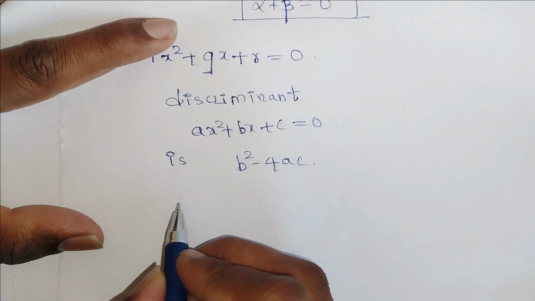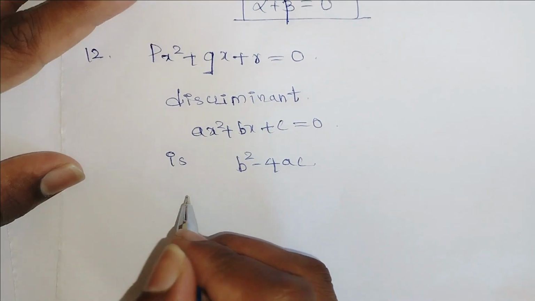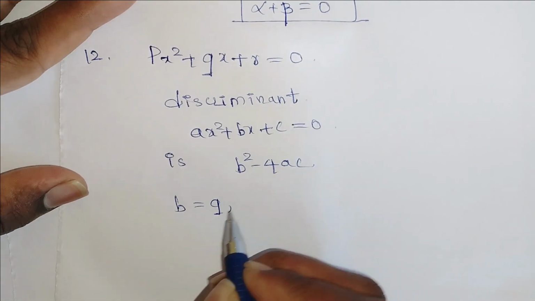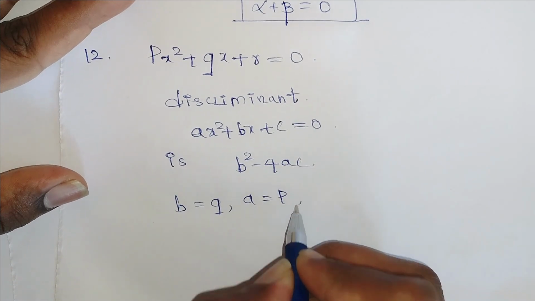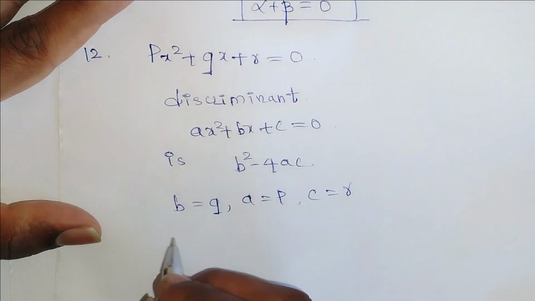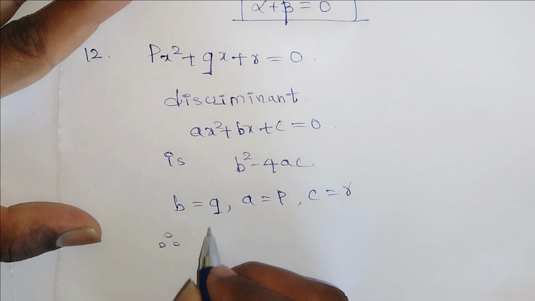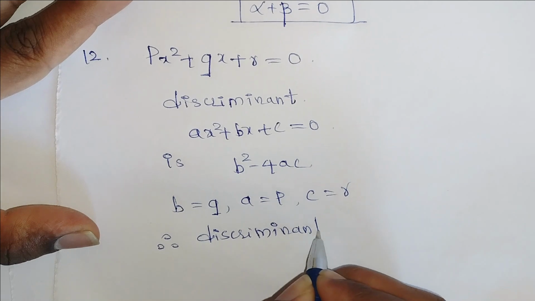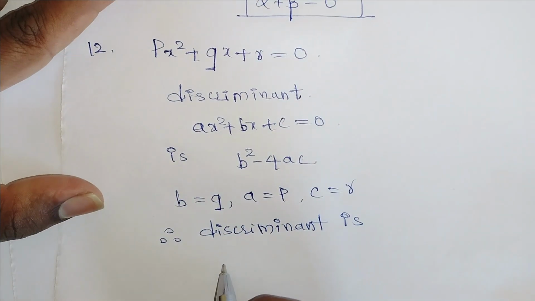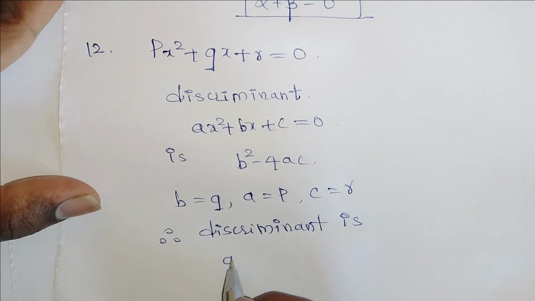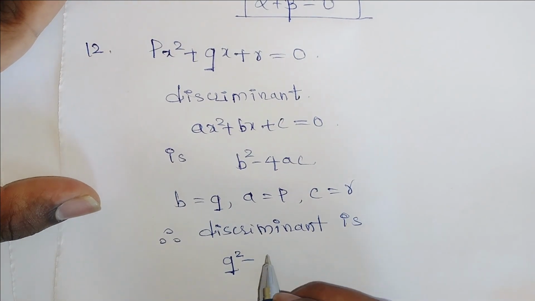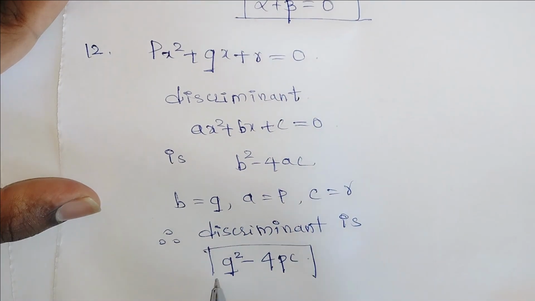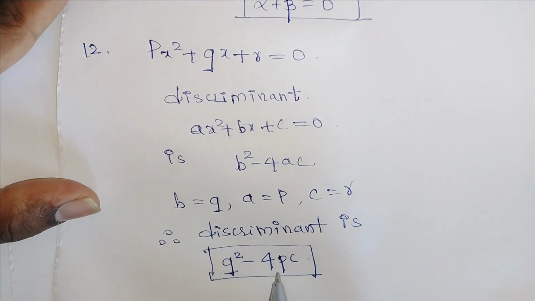So here b is q, a is p, and c is r. Therefore the discriminant is q square minus 4pr.